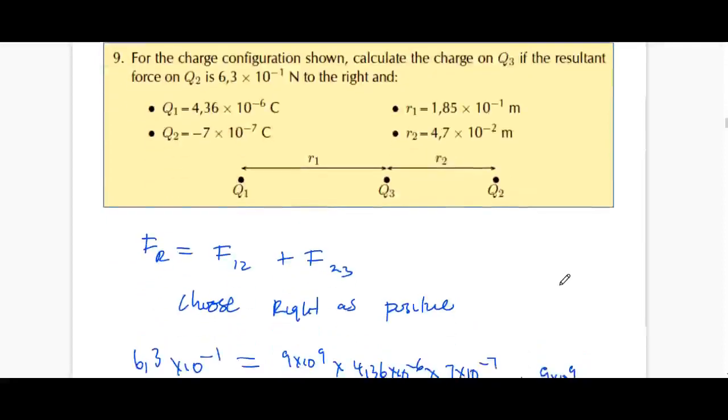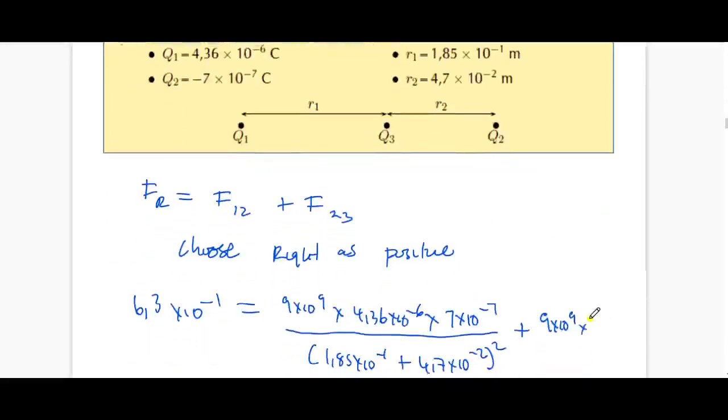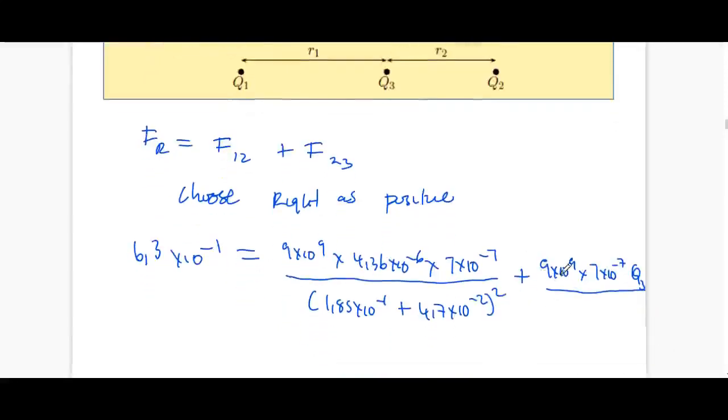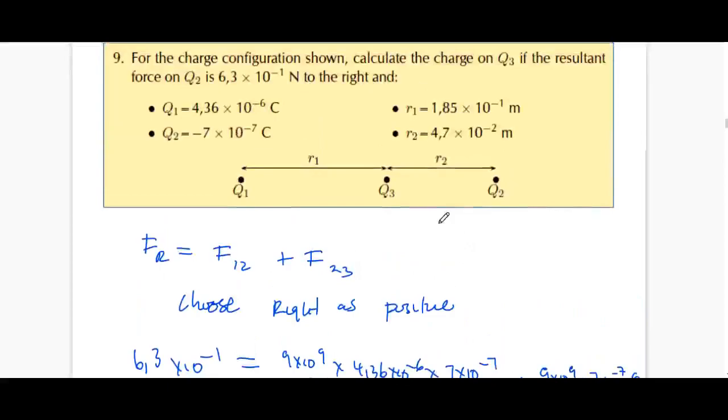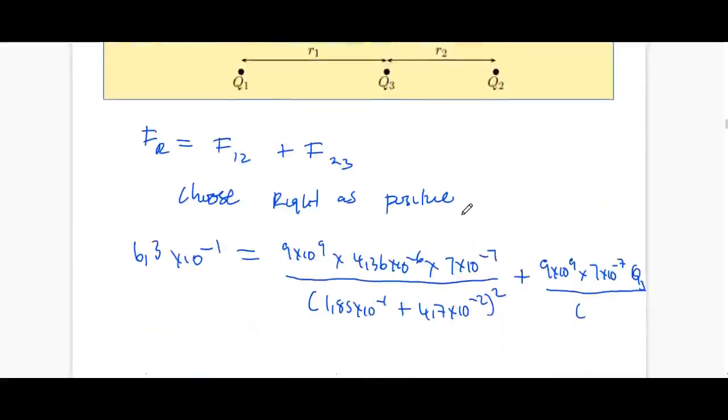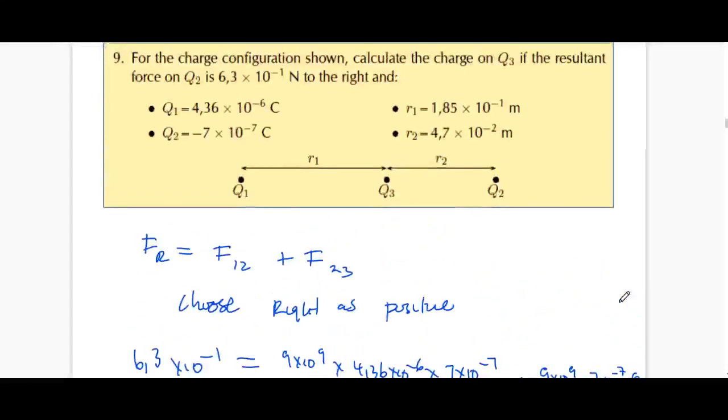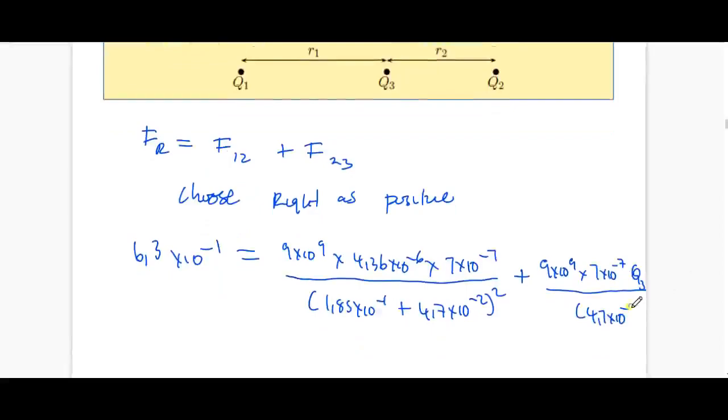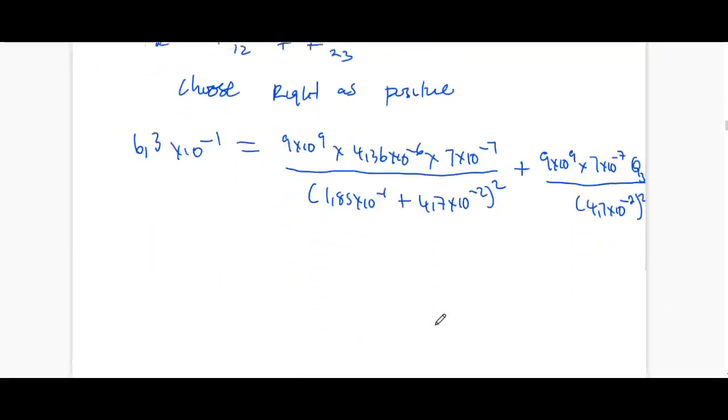Charge 2 is 7 times 10 to the power minus 7, multiplied by Q3, divided by 4.7 times 10 to the power minus 2, all squared. Okay, so now I'm going to press my calculator.